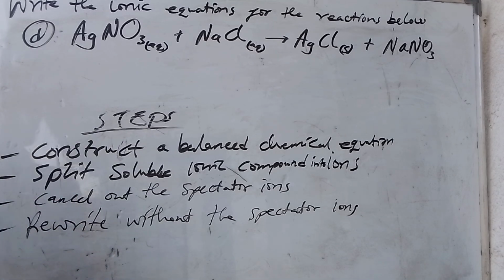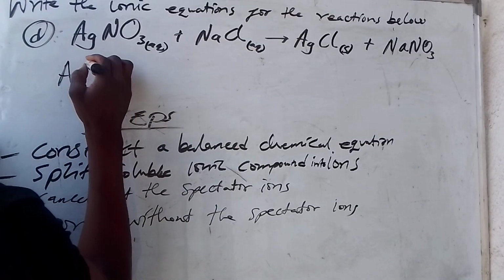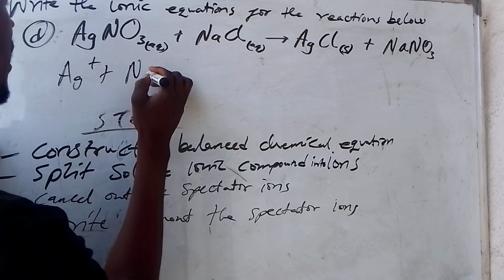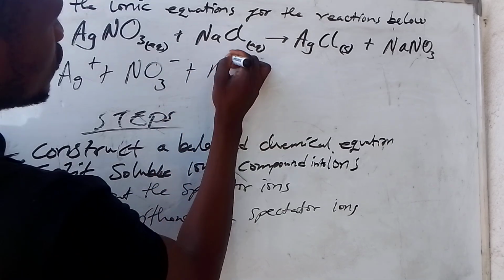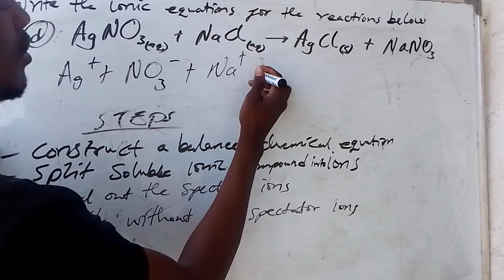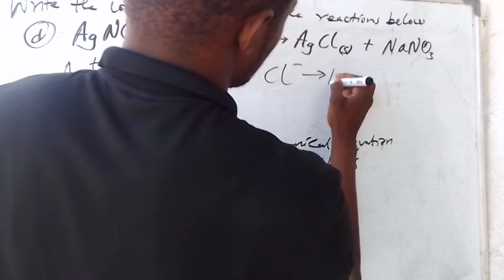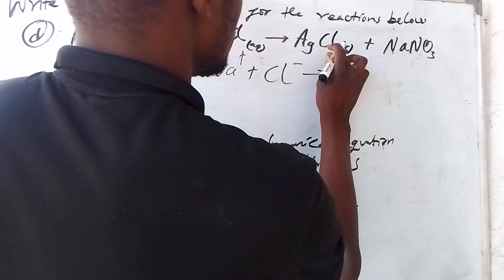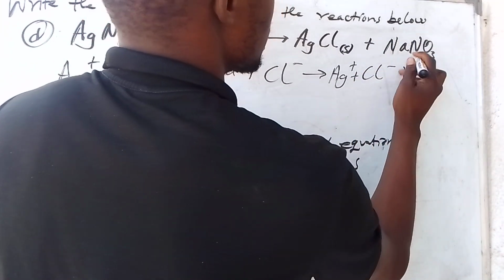Then we split the aqueous compounds. Aqueous compounds, substances which are in aqueous solution. So this one is silver positive plus nitrate ions, which is negative, plus sodium, which are positive, and the chloride ions, which are negative, to produce silver chloride, which is silver ions, which are positive, plus chloride ions, which are negative, plus this one.